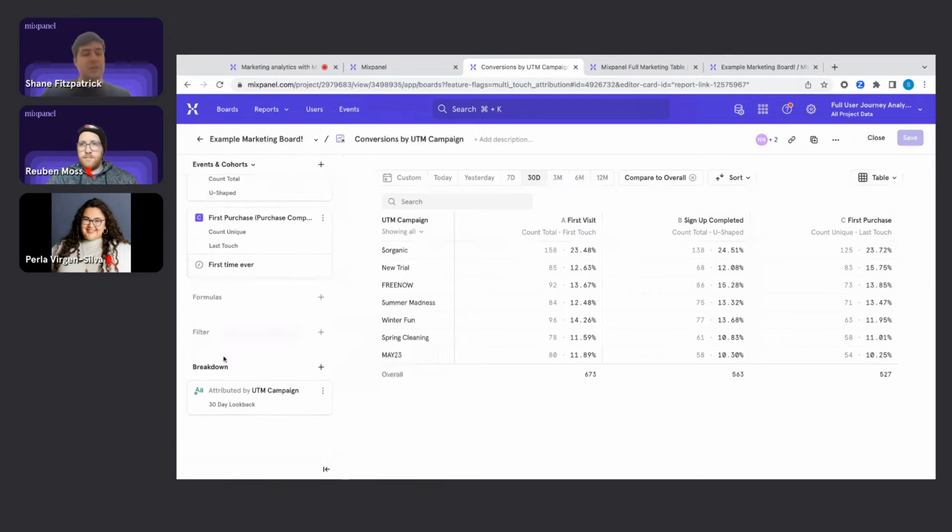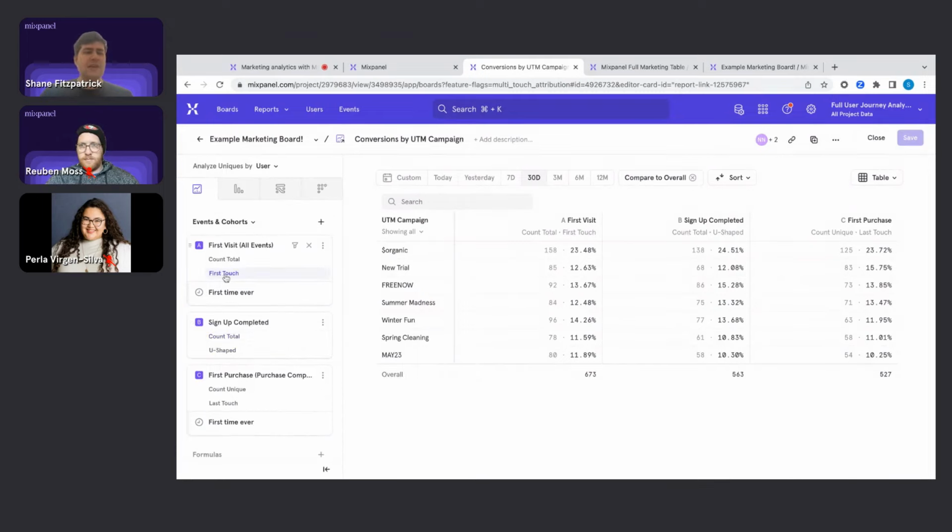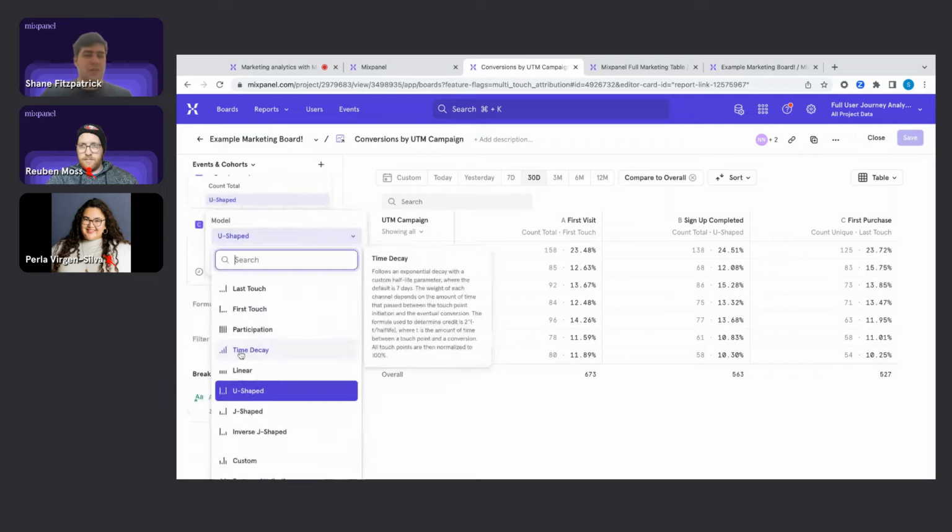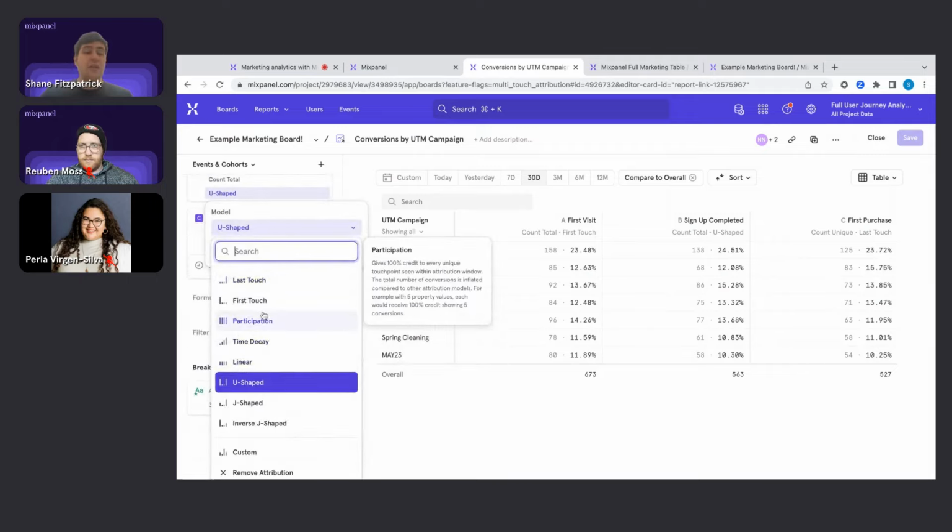So if I scroll down here to this breakdown tab, you'll notice we are breaking down by and attributing by UTM campaign. What that essentially does is it now enables these new tags here on all these events. And if I click into one of these, you'll notice there's a ton of different multi-touch attribution models that I can now put on one of these events. So for example, right now we're applying a U-shaped model shown here to the sign up completed event.